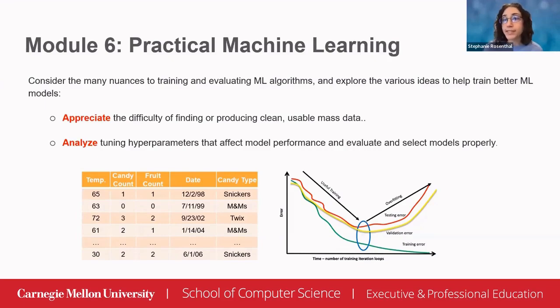We talk about ways to identify that and what to do to mitigate those risks. And so this module is really a very practical way to implement machine learning algorithms and assess how they're doing in your applications.